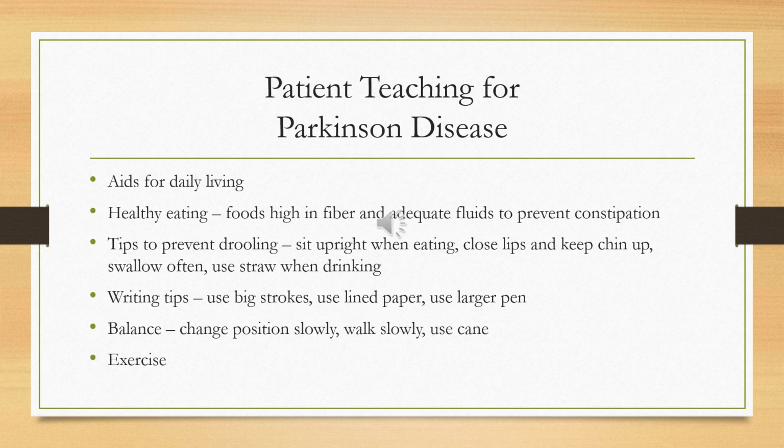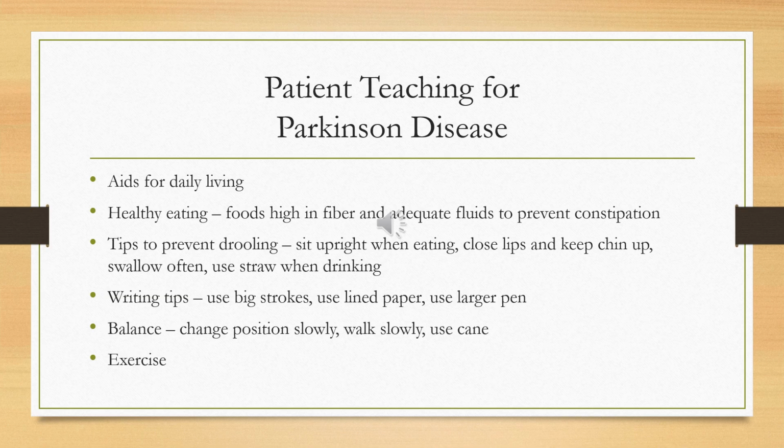If they're drooling or having difficulty eating, make sure they sit upright when they're eating so they don't choke on their food or anything. Close their lips, keep their chin up to help with eating, and using a straw when they're drinking can be helpful. Writing may become difficult, so maybe using big strokes will help them write better, or using a larger pen.